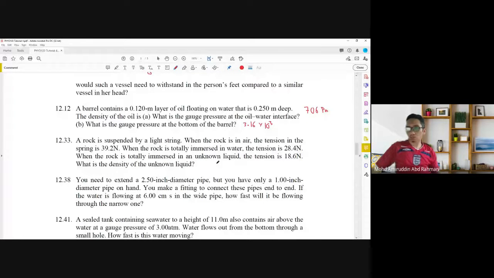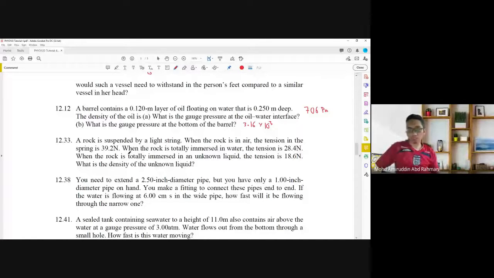Okay, so for 12.33, for chapter 12, there are not so many equations to be used. So it is actually a straightforward calculation, right? For this one, when the rock is in an unknown liquid, the tension is 18.6.